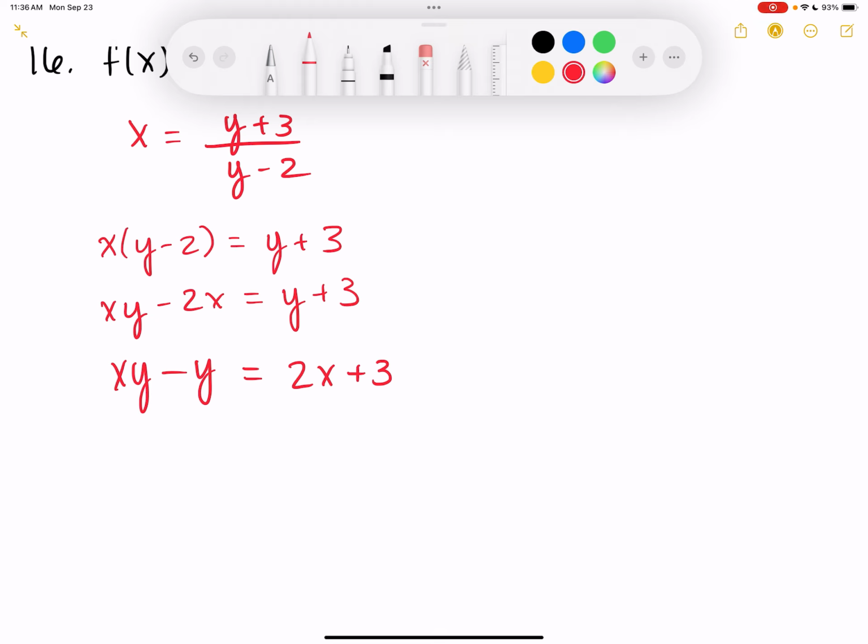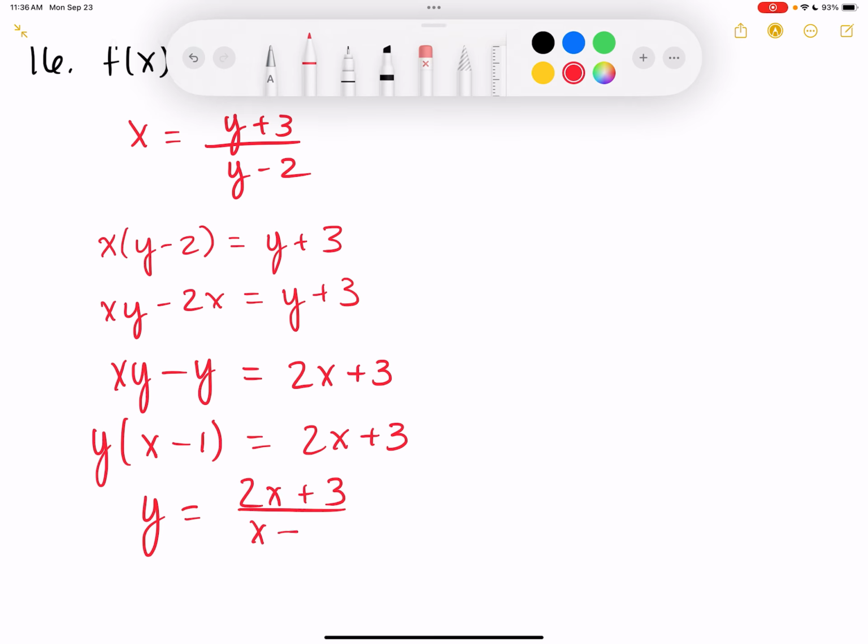Take a y out. So y times x minus 1 equals 2x plus 3. Then divide by x minus 1, y equals 2x plus 3 over x minus 1.